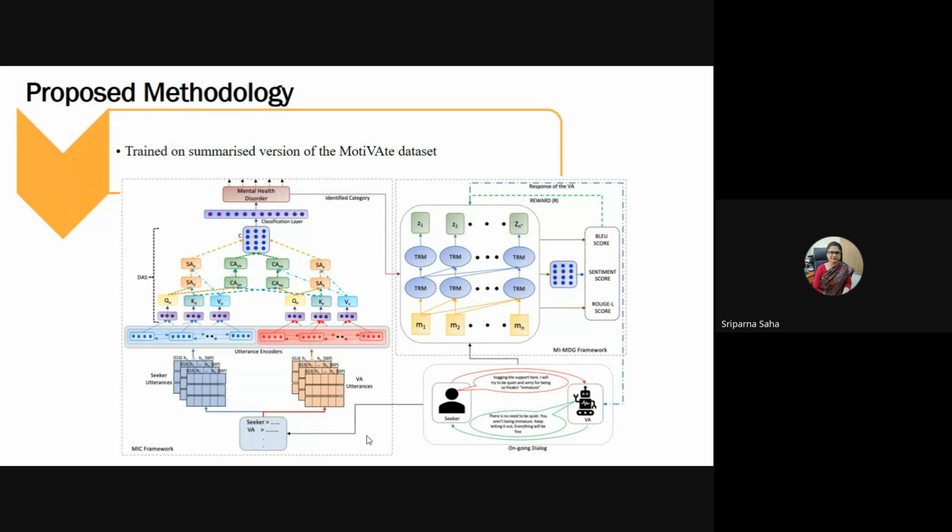This classification module is also considering attention, cross attention. Because there is a big context, depending on the big context, we are putting focus on an important part of the current utterance, and then we are generating the current mental disorder type.